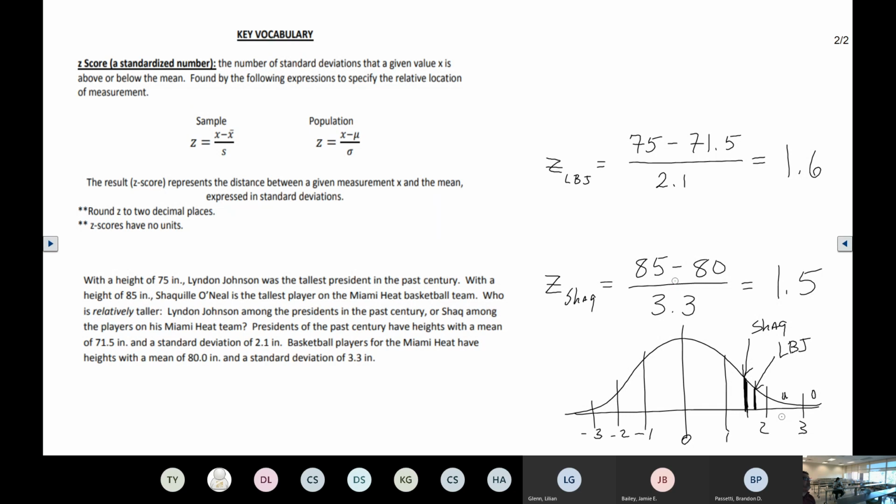Now we're going to see z-scores again in chapter 7. And we're going to have a whole unit test on z-scores. But that's how you do z-scores. Now, question, gripe, complaint.